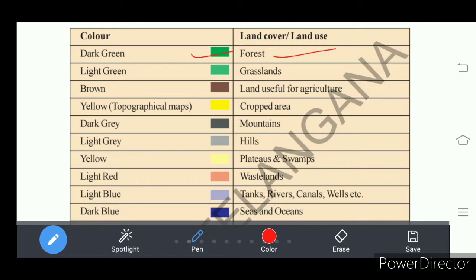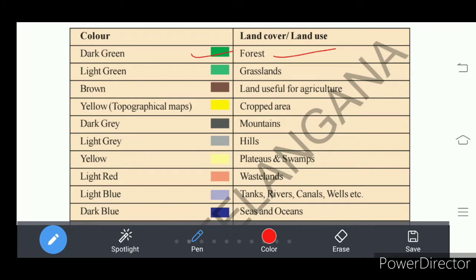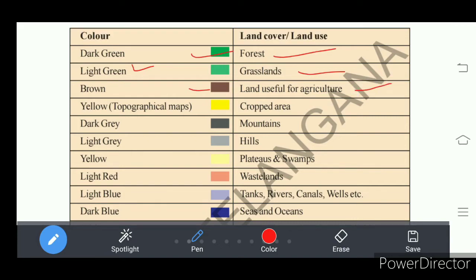I'll show you this later. Wherever you find a thick green color in a map, you should understand it is forest area. Where you find light green color, then you should understand it is grasslands. If you find a thick brown color, then it is land used for agriculture.